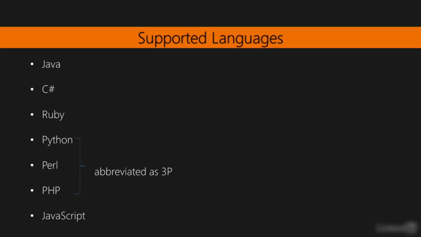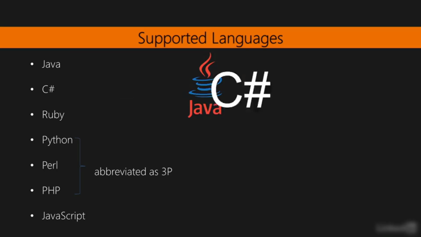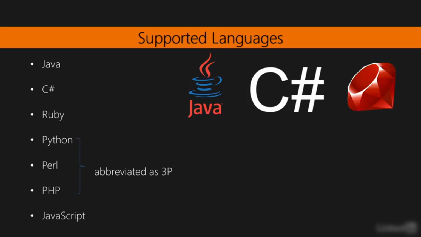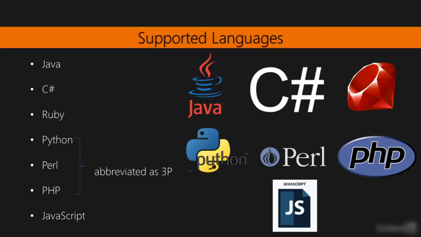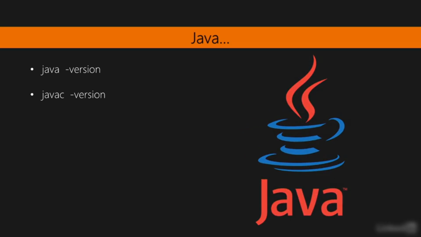WebDriver supports many programming languages. There are libraries for Java, C#, Ruby, Python, Perl, PHP, JavaScript. This means that you will most likely be able to use your favorite language to automate your testing. I prefer using Java, so I'll use it in this course.